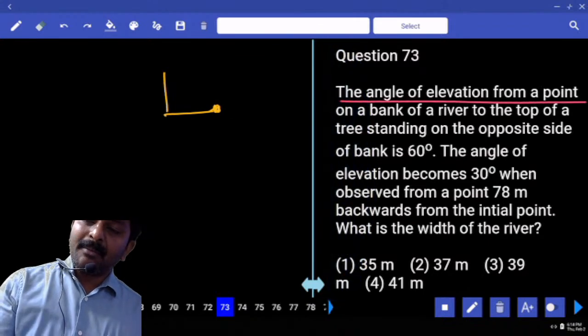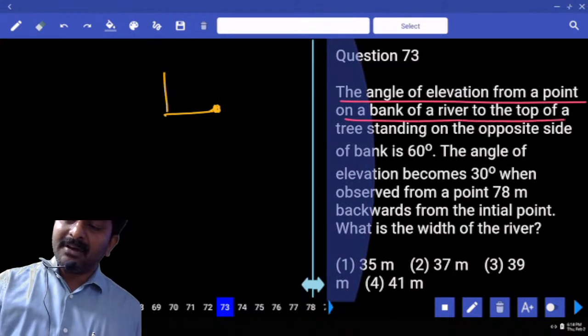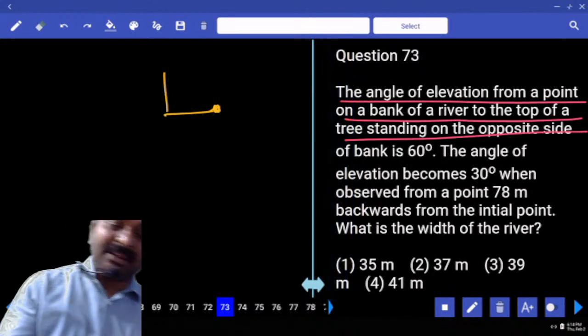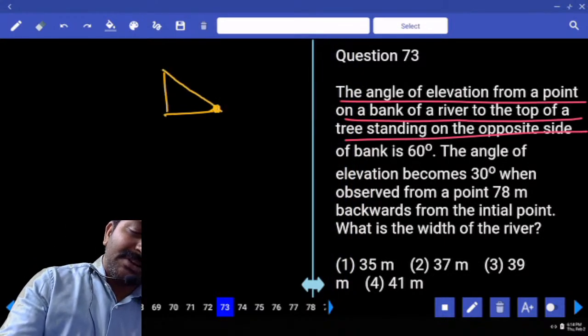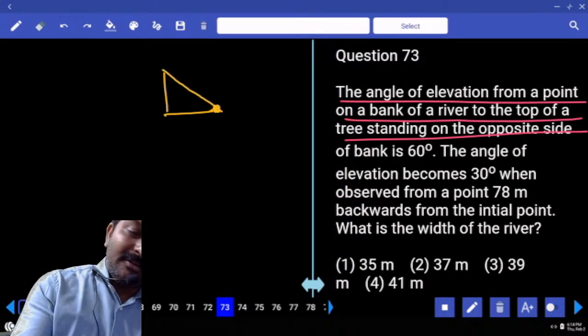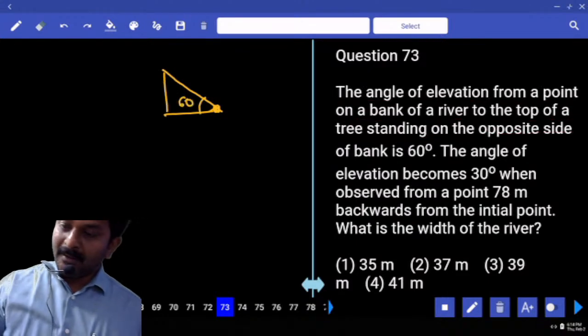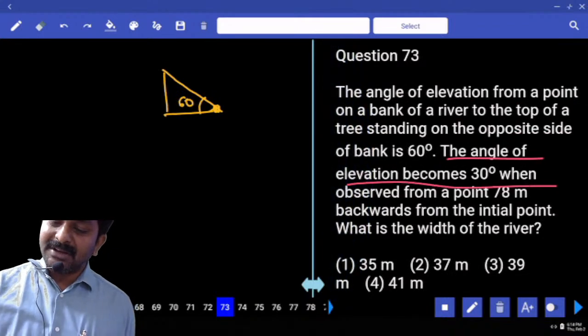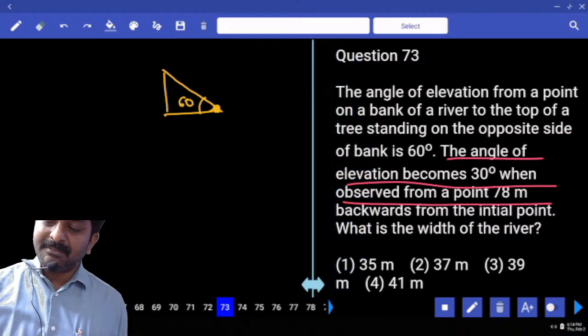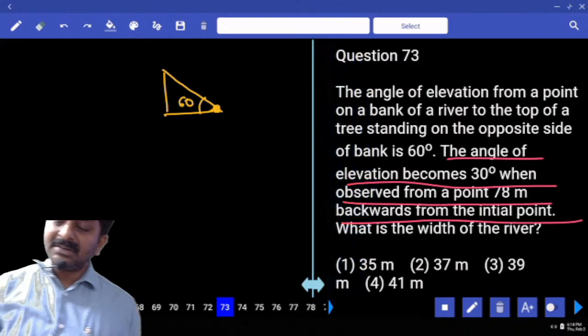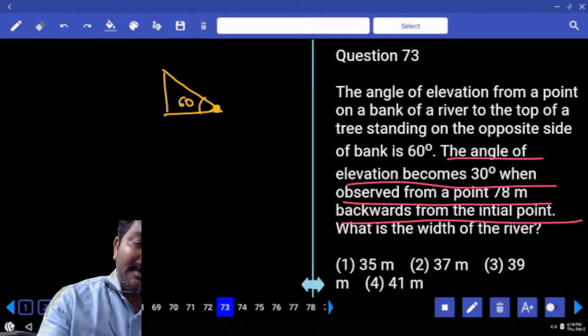Angle of elevation from a point on a bank of a river to the top of the tree. Top of the tree. Angle which is equals to 60 degrees. The angle of elevation becomes 30 degrees when observed from a point 78 meters backwards from the initial point.